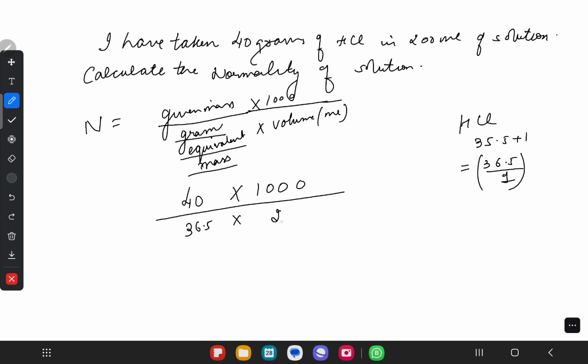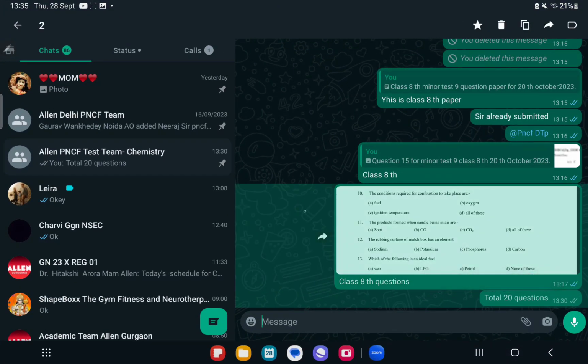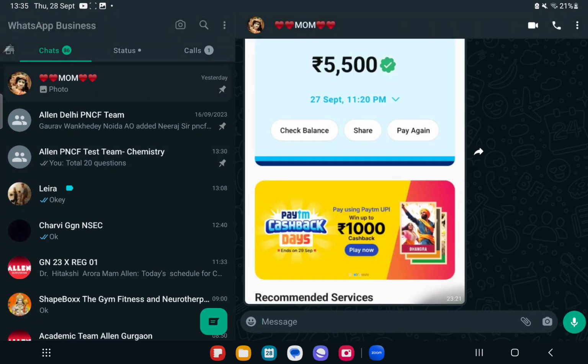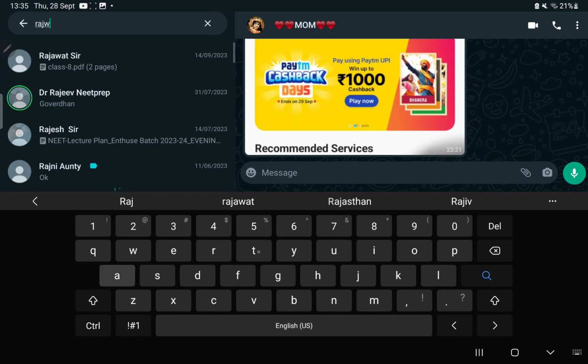So volume in milliliters is 200. So this cancels. This is 200 divided by this, so many gram equivalents per liter. Are you understanding or not? Yes. That is the concept.